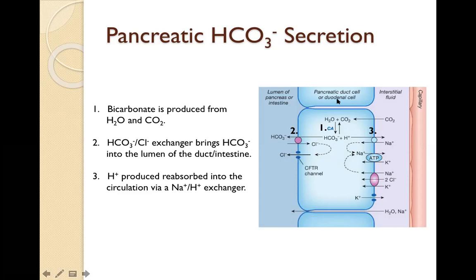None of the proteins will work, none of the enzymes will work, and the cell will die. So the way that we deal with that H+ is that we get it out of the cell by using a proton sodium exchanger. So 1 proton out, 1 sodium in. Again, electrical neutrality is maintained.